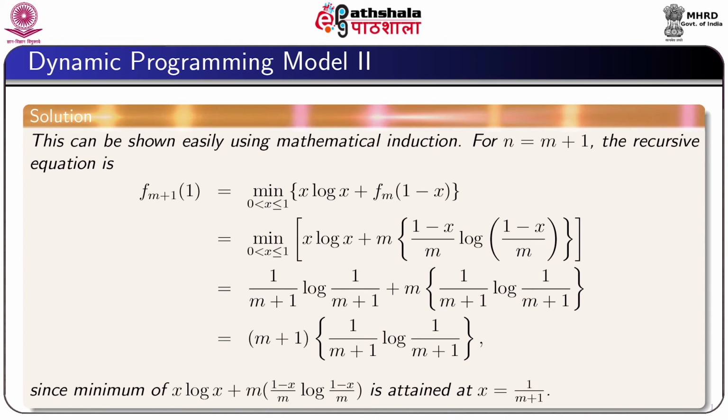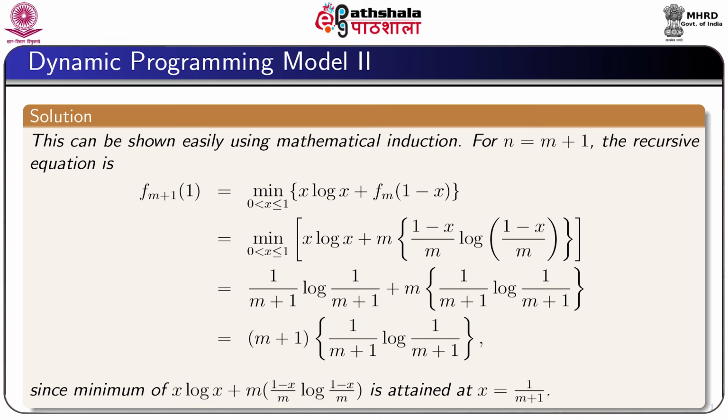For n equal to m plus 1, the recursive equation becomes f_{m+1}(1) equal to minimum of x log x plus f_m(1 minus x), where 0 less than x less than or equal to 1, which is equal to minimum of x log x plus m into ((1 minus x) by m) log ((1 minus x) by m).